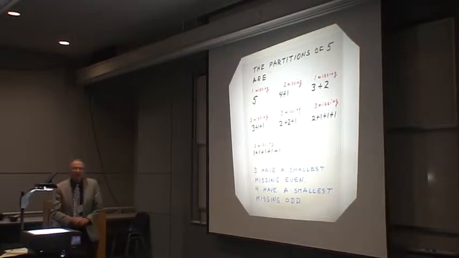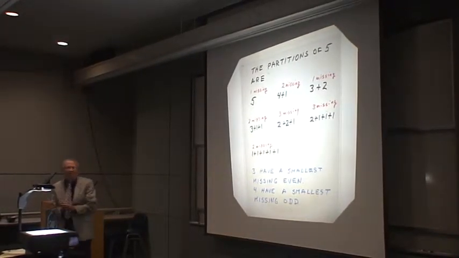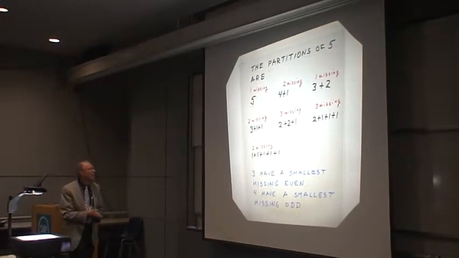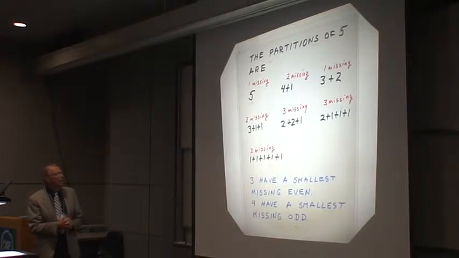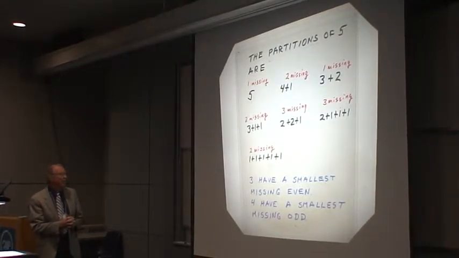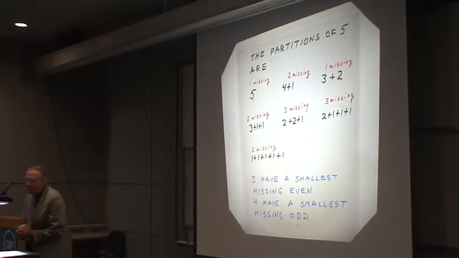Namely, the smallest positive integer that is not a part of the partition. And so you see that in these partitions, 3 have a smallest missing even, and 4 have a smallest missing odd.